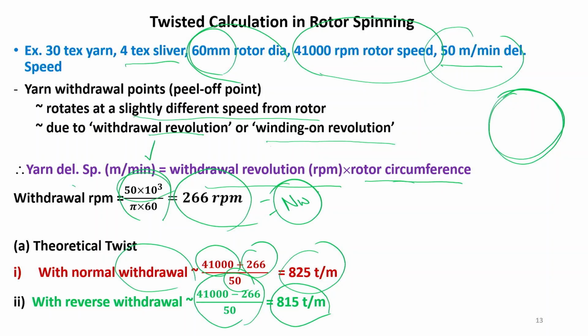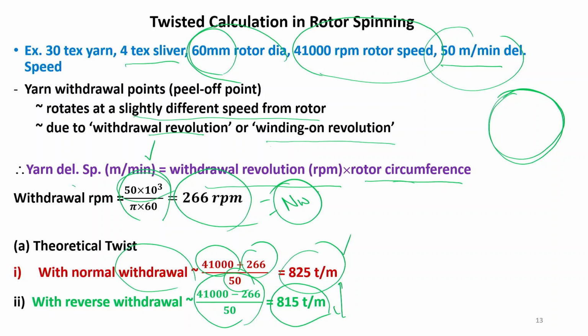That means the difference between normal and reverse withdrawal is 825 minus 815, that is 10 twists per meter, and the effective twist will vary from 815 to 825, but this effect is negligible.